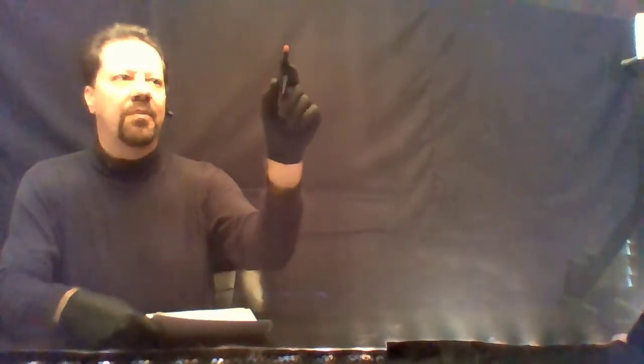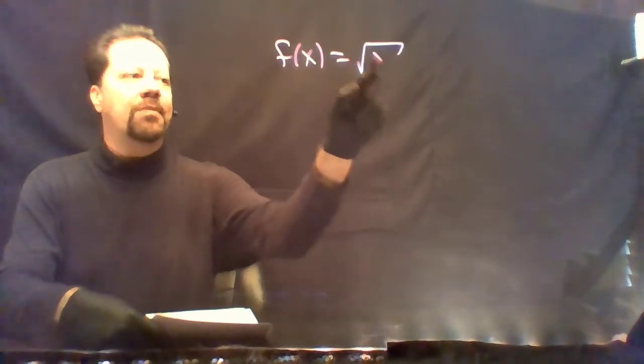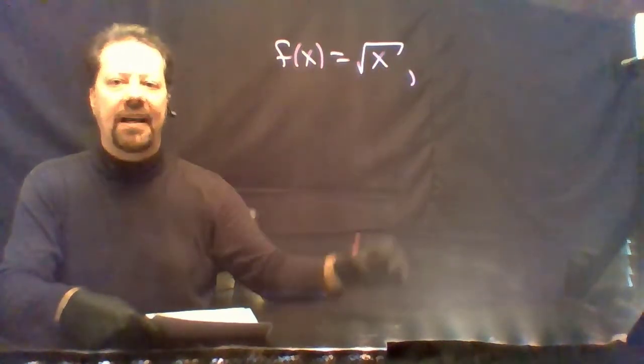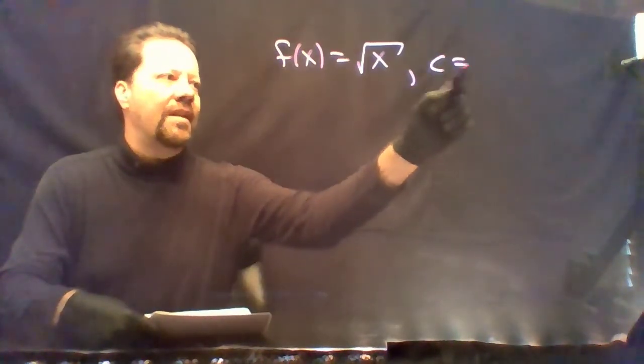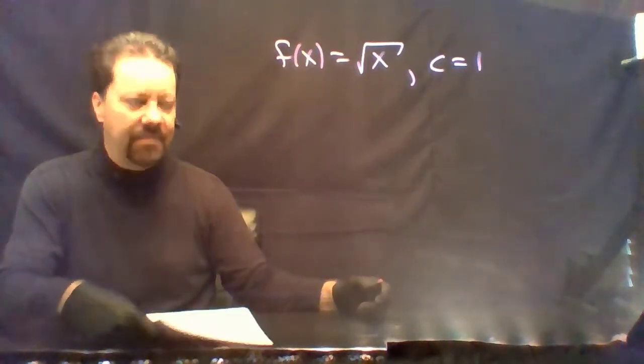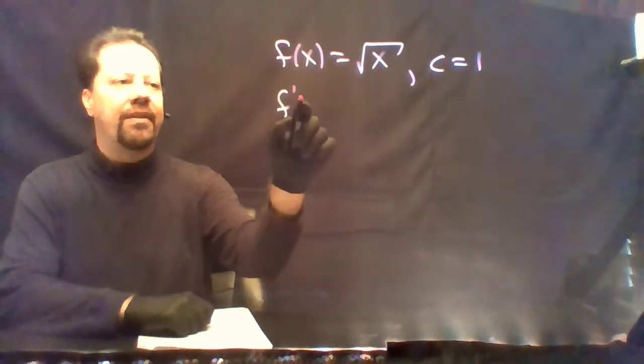On the next problem, we are to find the first 4 terms in the Taylor expansion of f of x equals the square root of x expanded around the center c equals 1. The way to proceed is to calculate derivatives.